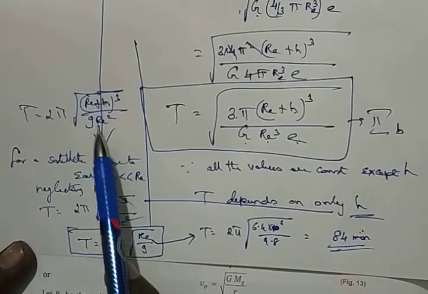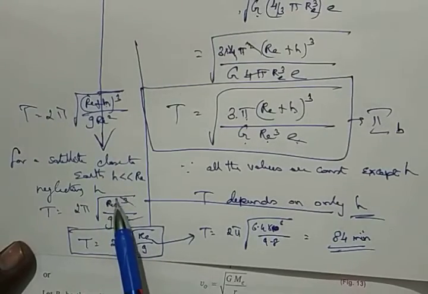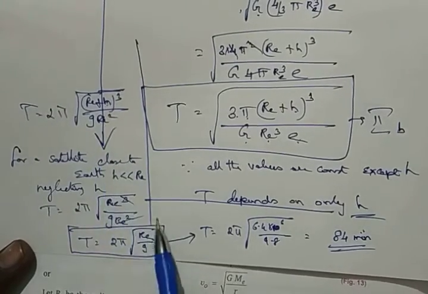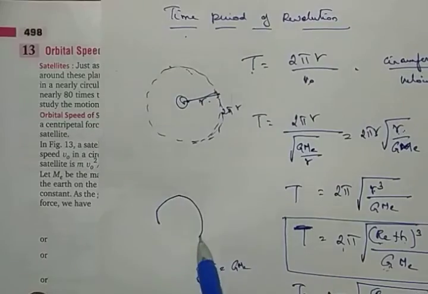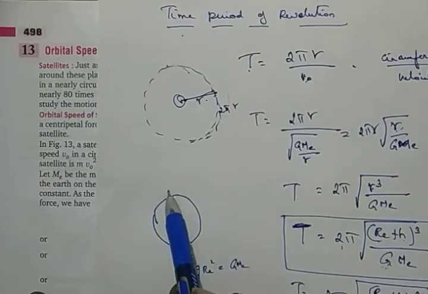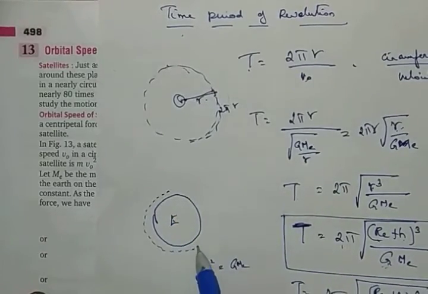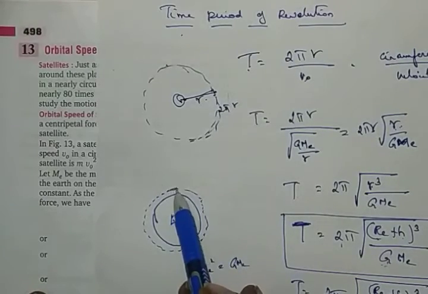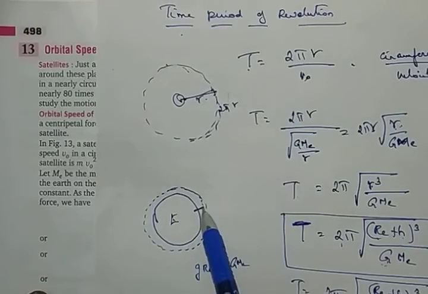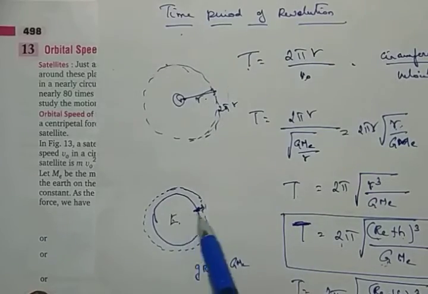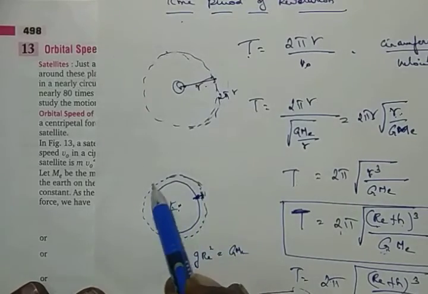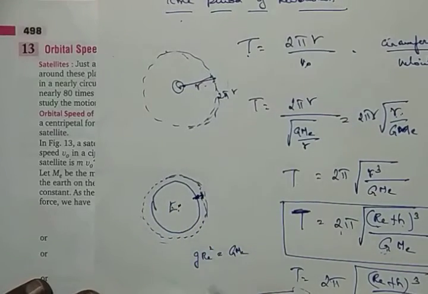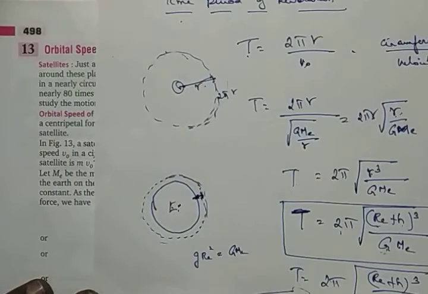When the satellite is very close to the surface of Earth, neglecting the height, the nearest possible orbit, for example, this is Earth, and you find an orbit very, very close to the surface of Earth, still it has escaped the pull. It starts from here, it goes and comes back in 84 minutes. This is a minimum. What does it mean by that?